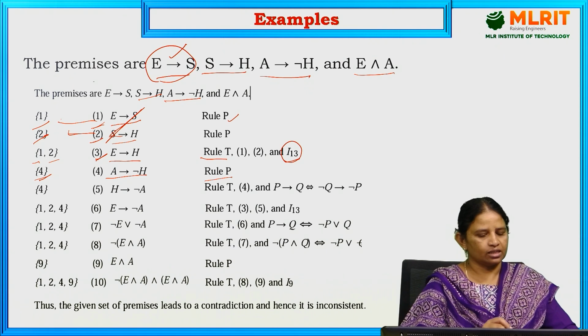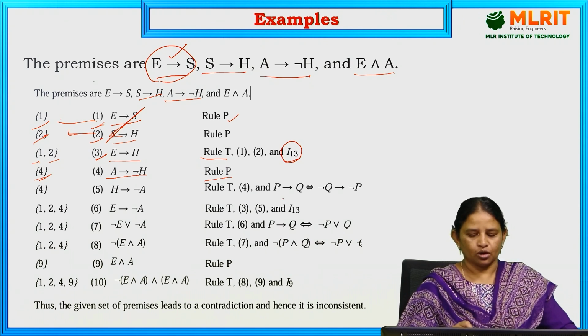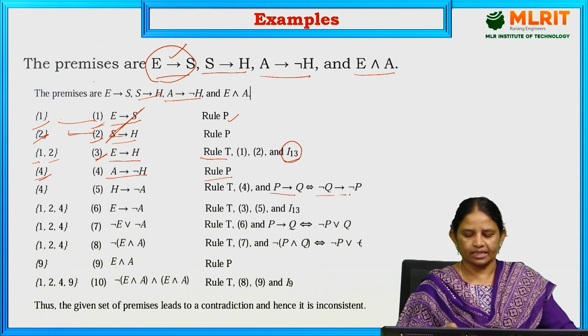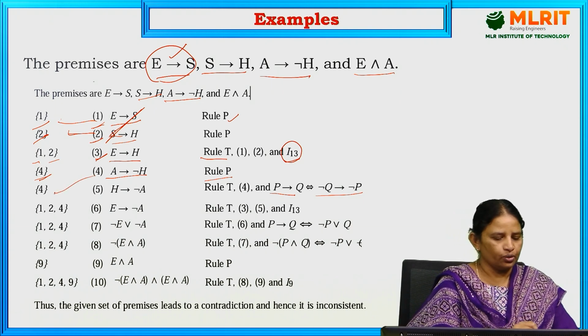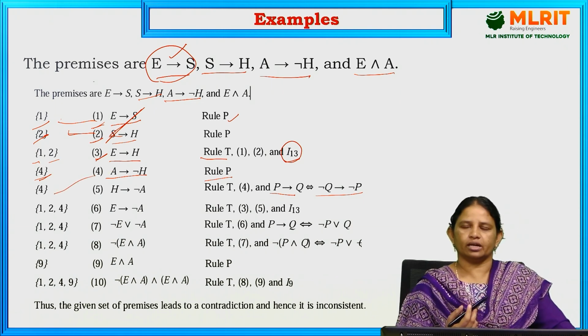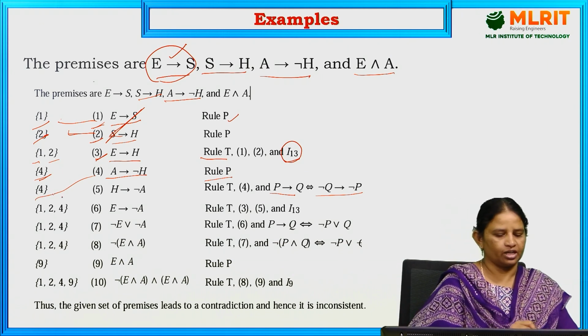So after that, from E tends to H, then A tends to negation H, what is the common premise? P tends to Q is written as negation Q tends to negation P. So this is continued. We are not going to take a new additional premise, so the same step is continued. The premise number is 4 only.